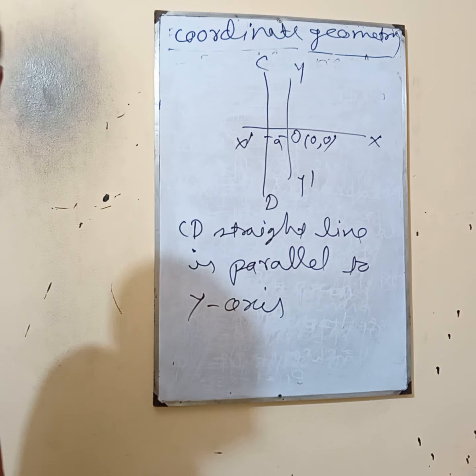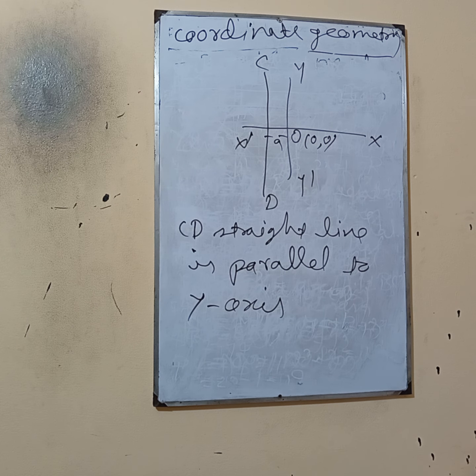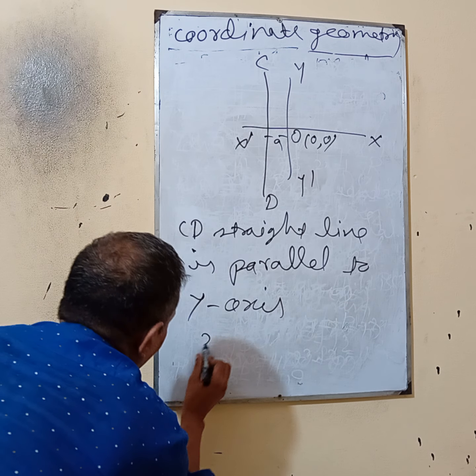So what is the equation? x is equal to a. The line parallel to the y-axis is x is equal to a.